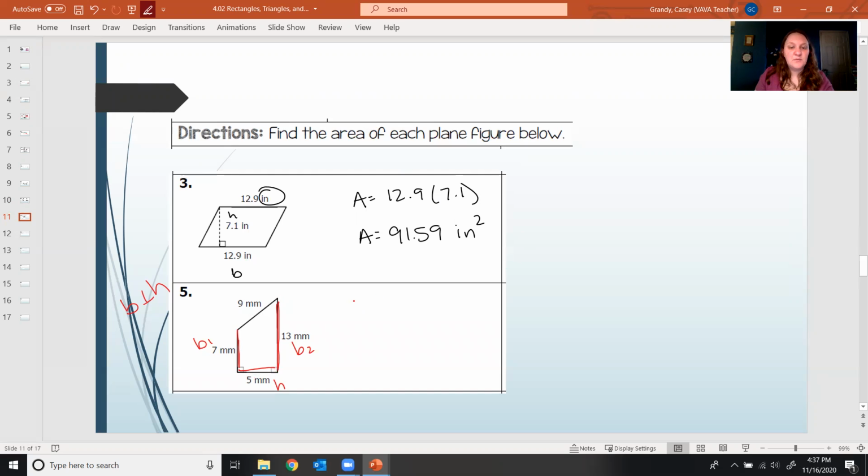So I'll plug that into my formula. Area equals 1/2 times the height times the sum of the bases. So this will be 1/2 times 5 times 7 plus 13. Okay, and I plug all of that in my calculator, I get 50. My units are millimeters squared.